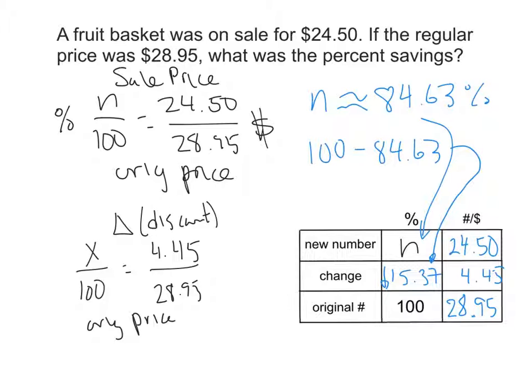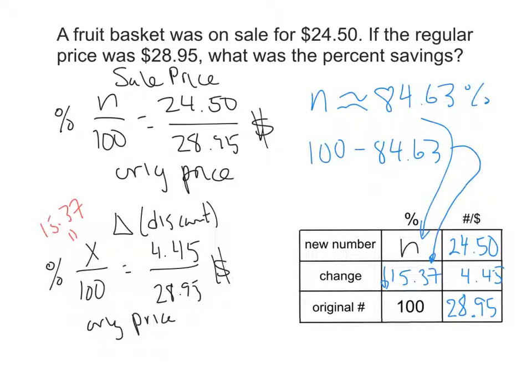That's the amount saved. And if you solve this proportion, you're going to get that x is approximately 15.37. So you get the answer directly. Either way is an acceptable way to do this.